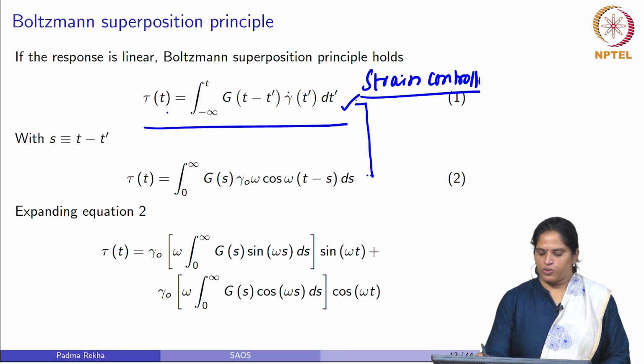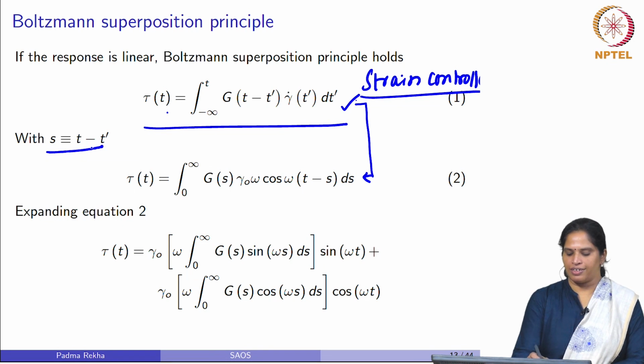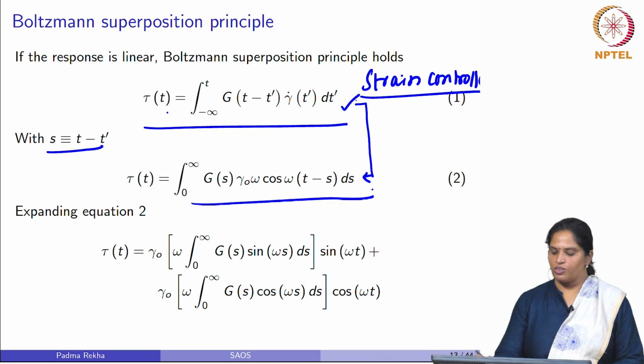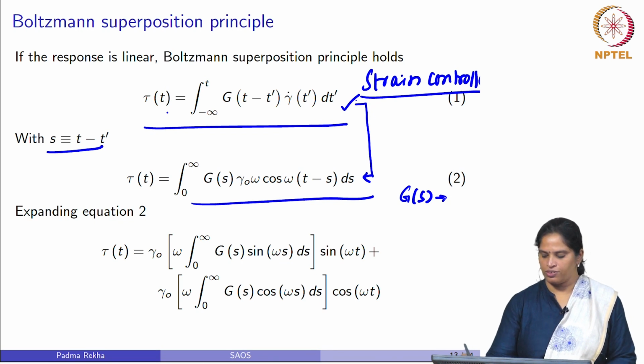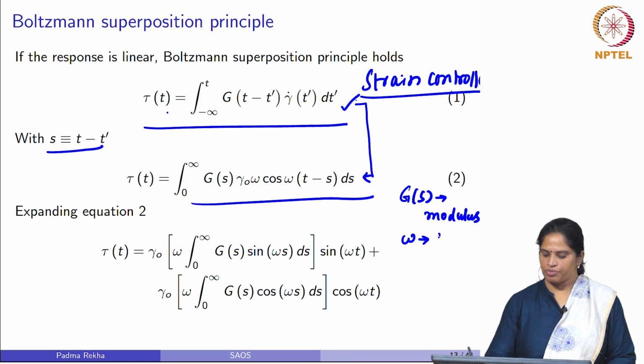we will get the response stress to be this. So, this is the same integral form. If you put s as t minus t dash, you will get this expression. When you look into this expression, G(s) is some material function equivalent to a modulus, and omega is the frequency as defined earlier, and gamma naught is the strain amplitude.